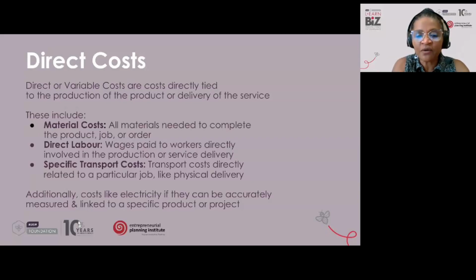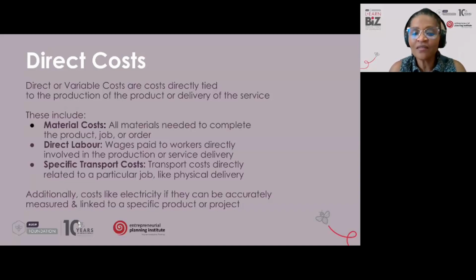So if we look at direct costs for making fat cakes, for example, we would take flour. If you buy 5 kg and the 5 kg makes 100 fat cakes, and then one day you make 50, you won't use the same volume of flour as when you baked 100. That's why they are called variable costs.